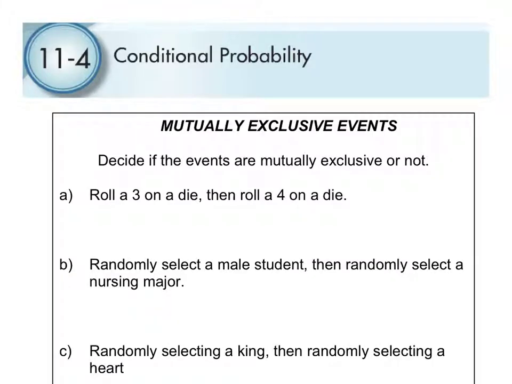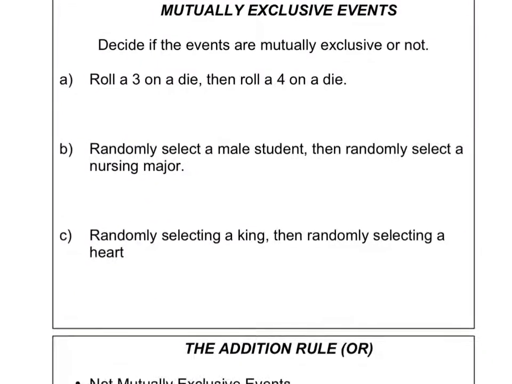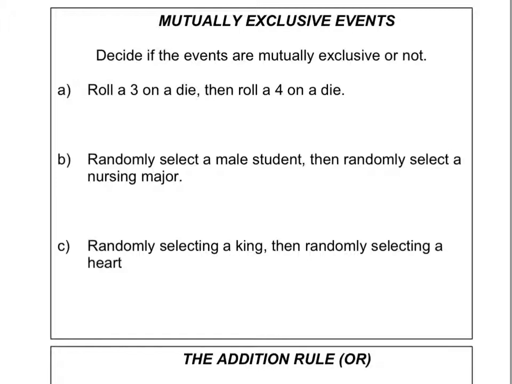All right, now let's take a look at being able to decipher what's mutually exclusive and what's not. That's what this first part here is. Decide if the events are mutually exclusive or not. Letter A: you roll a 3 on a die, then you roll a 4 on a die. Can you roll a 3 and a 4 at the same time? That's essentially the question you're asking yourself.